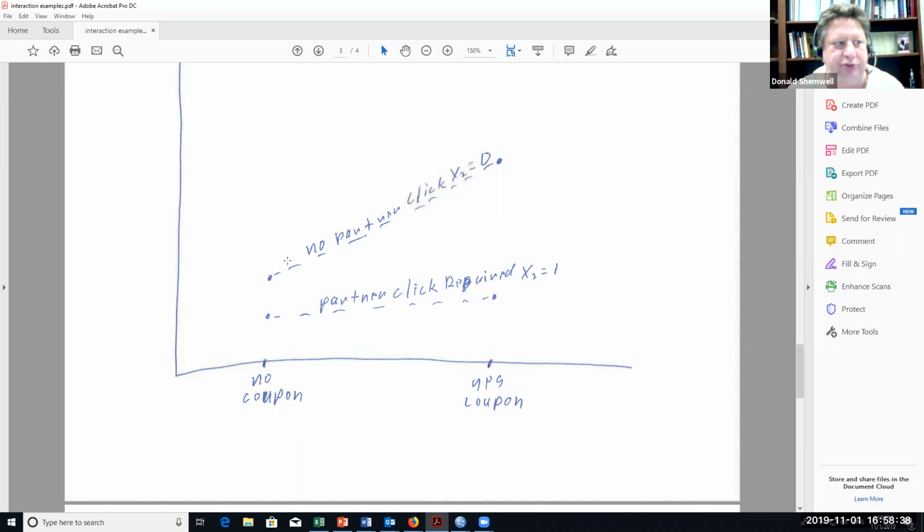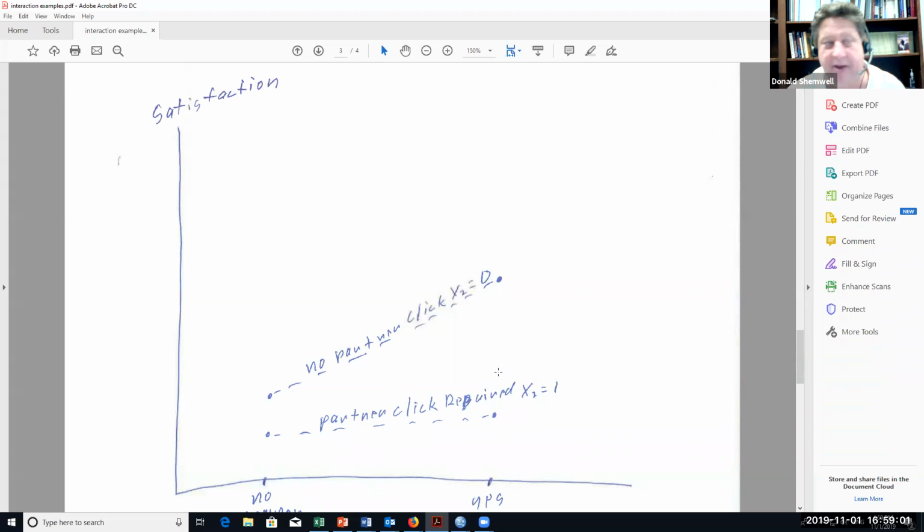In terms of which one works better, not having a click, like sending the coupon in the ad, is better than requiring a click. In both cases, no clicking is better than clicking, and having a coupon is better than not having a coupon.